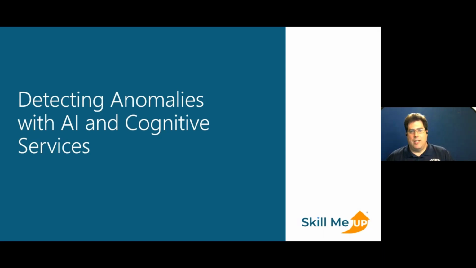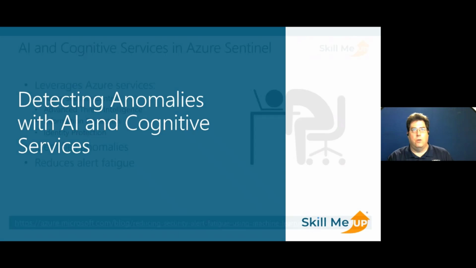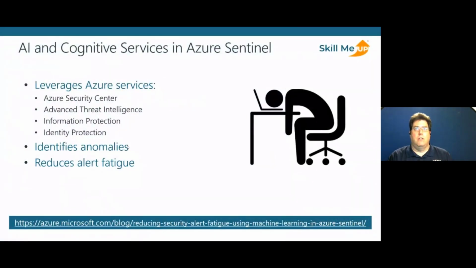It's not just a source that filters logs and incidents; it's utilizing what Microsoft has built in terms of their threat databases, as well as the AI and cognitive services abilities within the environment. It's utilizing all of those things within Azure Security Center, threat intelligence, information protection, identity protection. It takes all of those services, and then it starts to identify anomalies.